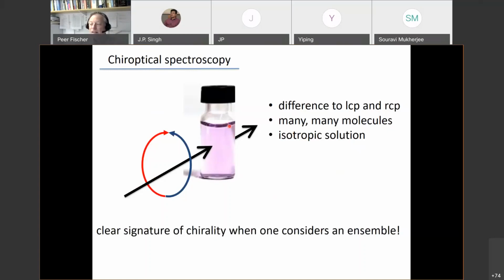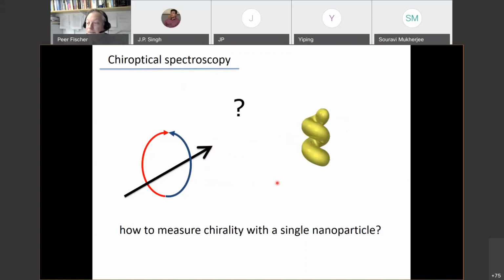And if you see a difference in absorption between left and right circularly polarized light, and you have all of these many molecules in this solution, then it's an absolutely clear, unequivocal signature of chirality. Then you know your solution is handed, right? And it works because you've got lots and lots of them that are all isotropically distributed or oriented.